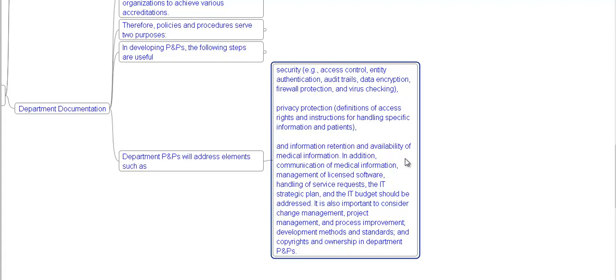In addition, communication of medical information, management of licensed software, handling of service requests, the IT strategic plan, and the IT budget should be addressed. It is also important to consider change management, project management, process improvement, development methods and standards, and copyright and ownership in department policy and procedure (P&P).